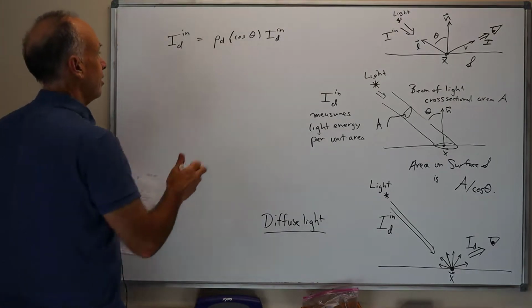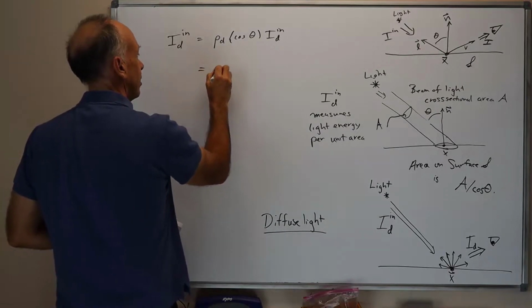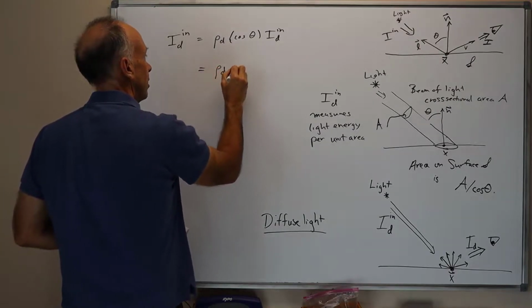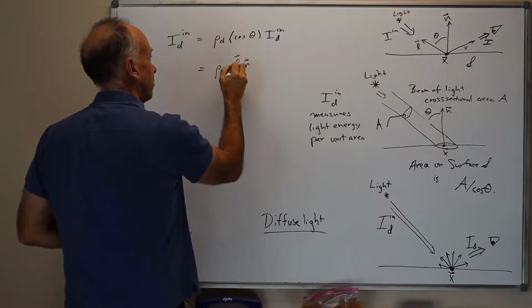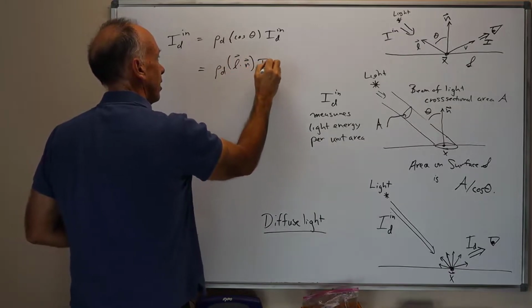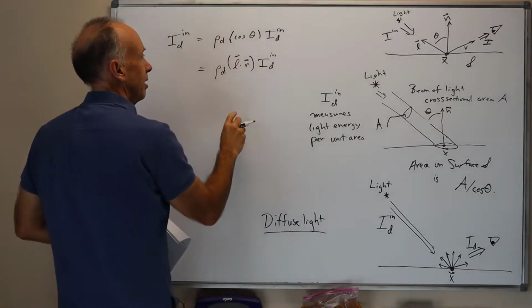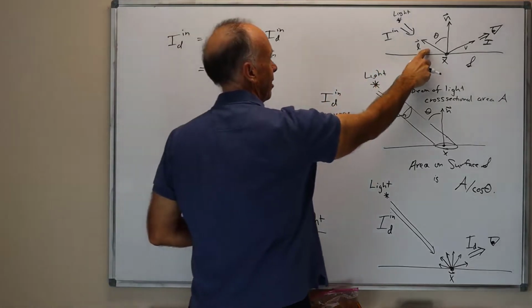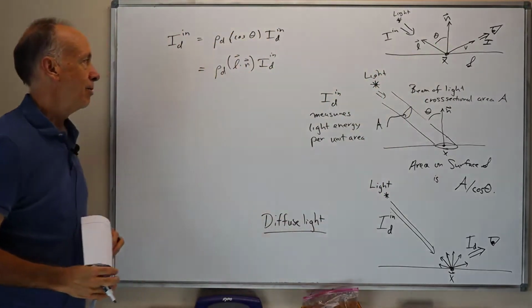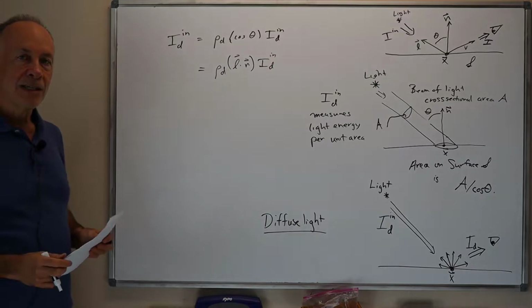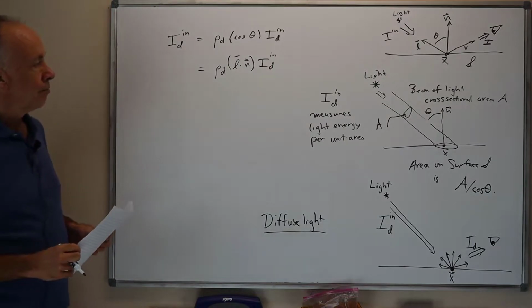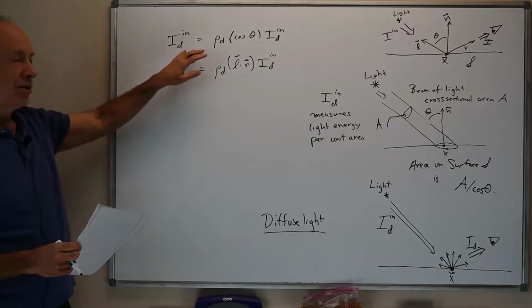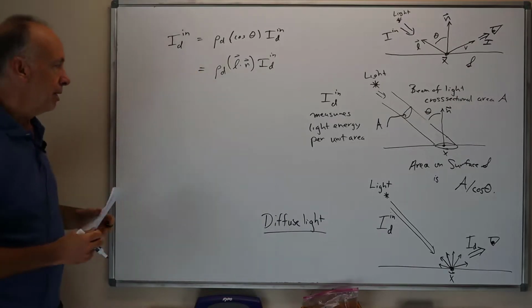We can rewrite this in terms of vectors as rho D times L dot N times I in D. And this is because L and N are unit vectors, and the angle between them is theta, so L dot N is equal to cosine of theta. So a surface that obeys this kind of cosine theta rule is called Lambertian.